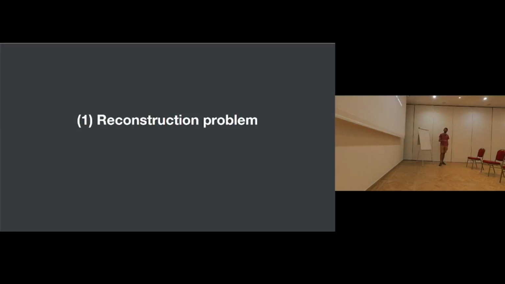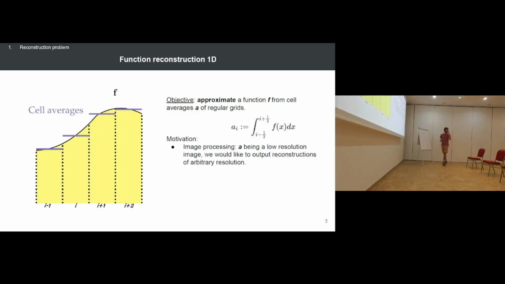Well, first of all, what is our problem? What is the thing we want to solve? The idea is that we want to reconstruct a function, and the information we will have about this function is cell averages. So we have a mesh that is not high resolution, but low resolution.